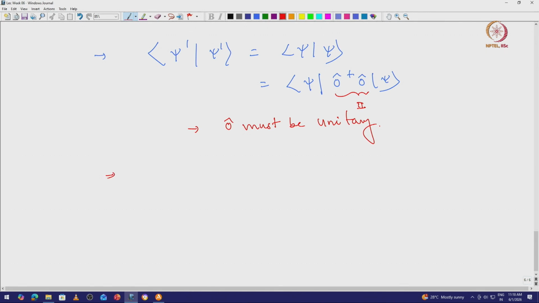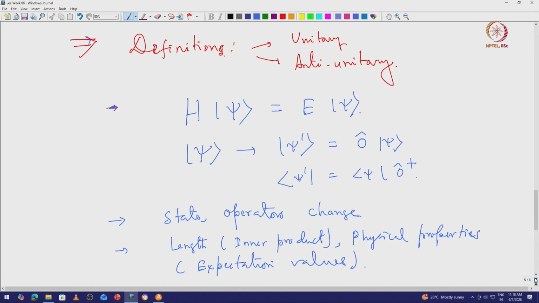Now, for the expectation value with respect to some operator A, you can see that I put a hat for O, but not for H, because H is often taken to be the Hamiltonian as an operator in quantum mechanics.